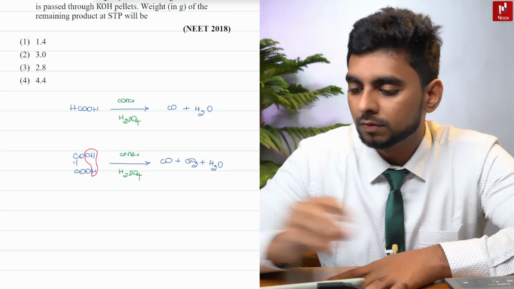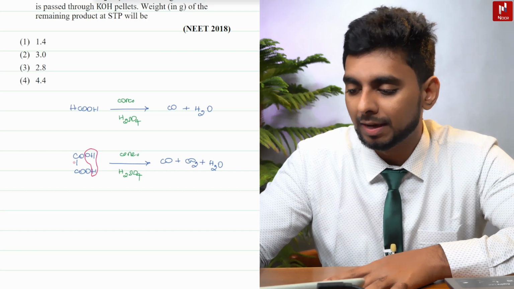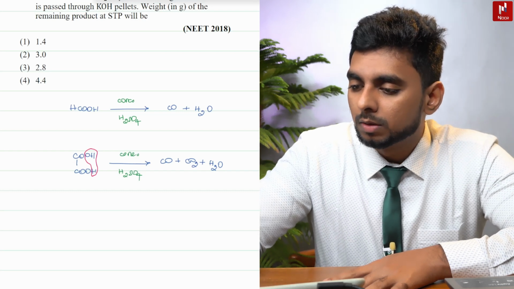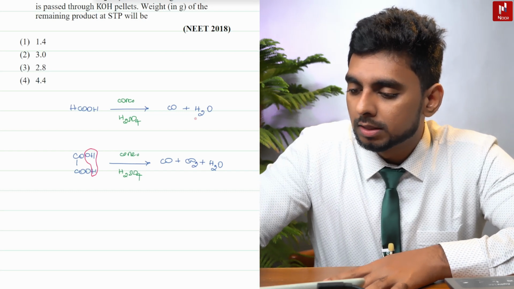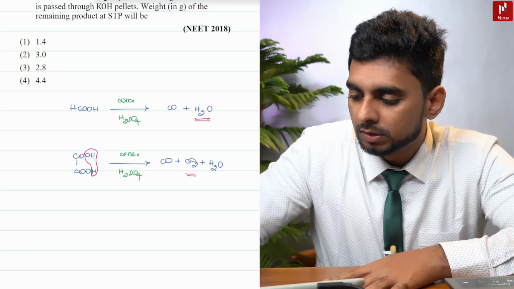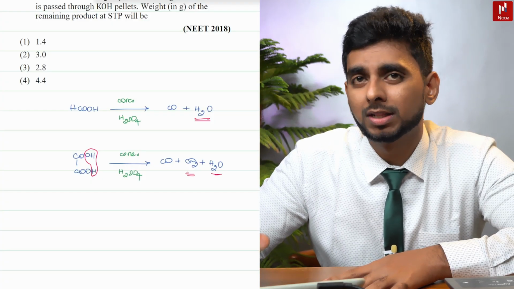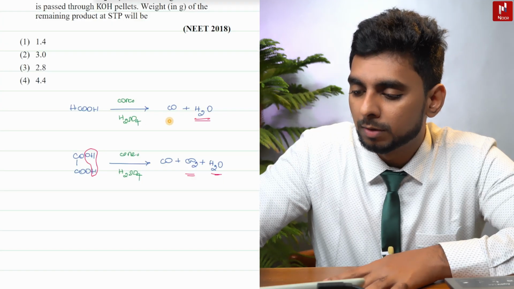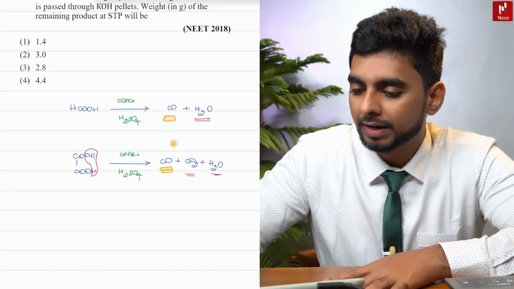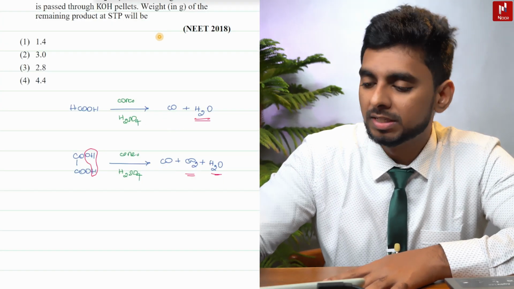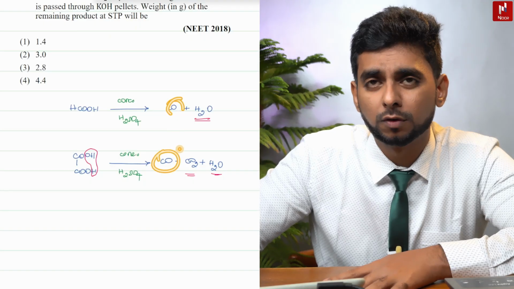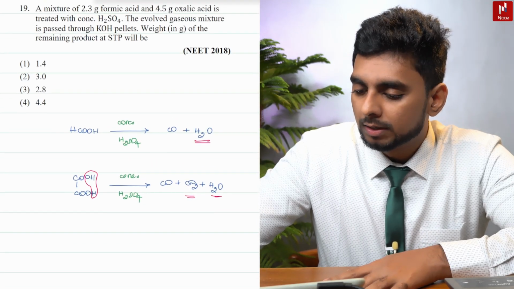Okay. So if this mixture is then passed into the KOH pellet, the carbon dioxide and H2O will get absorbed in the KOH pellet. The only product that will be left is carbon monoxide, right? So I'll have to find the weight of the remaining product, which means the weight of the carbon monoxide has to be found out. Got it?